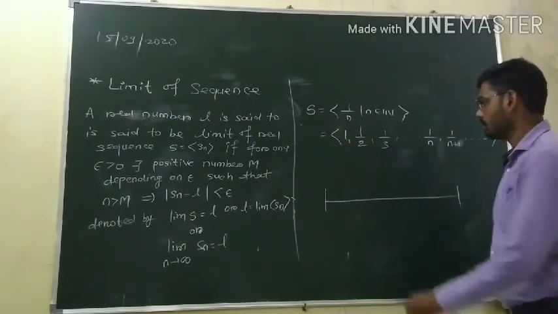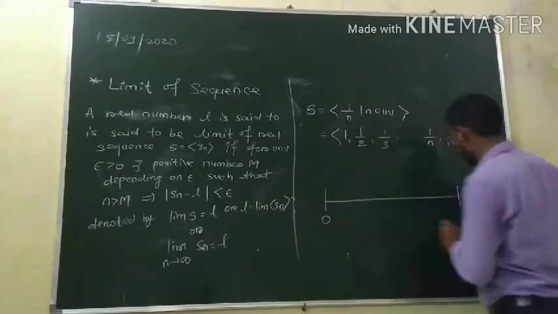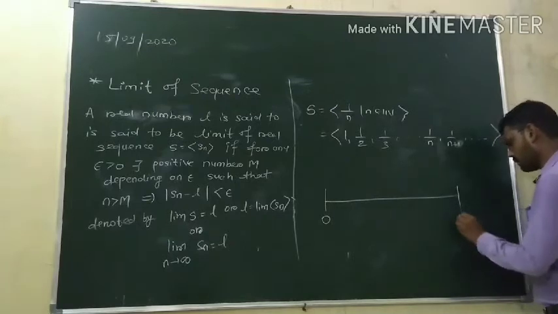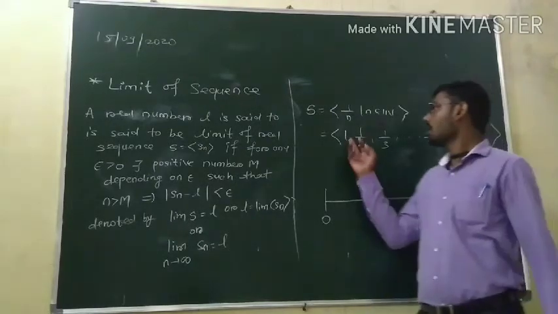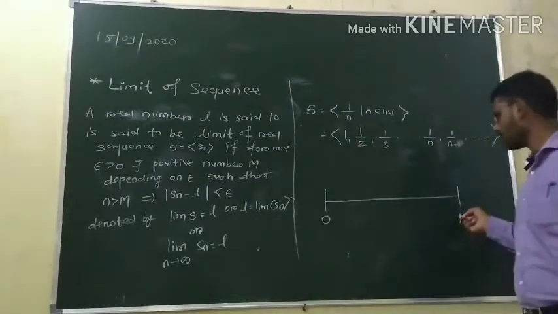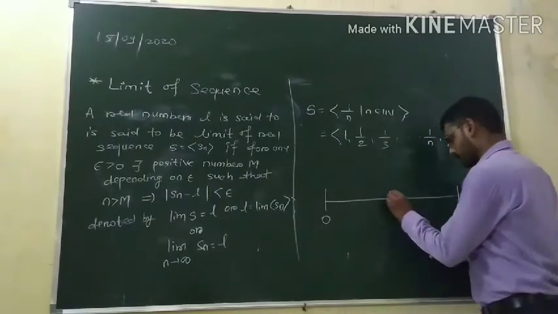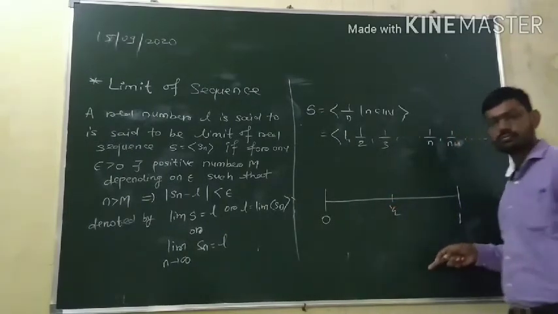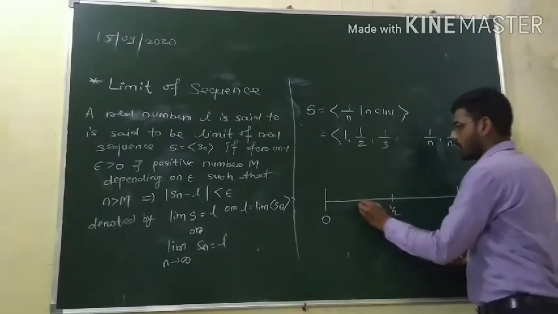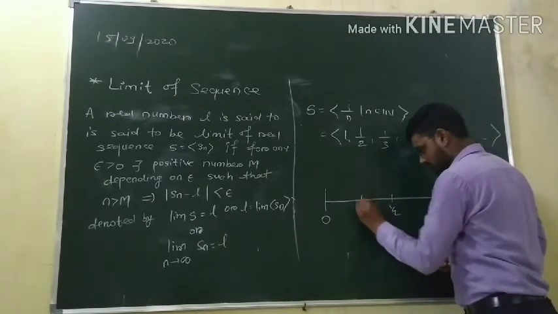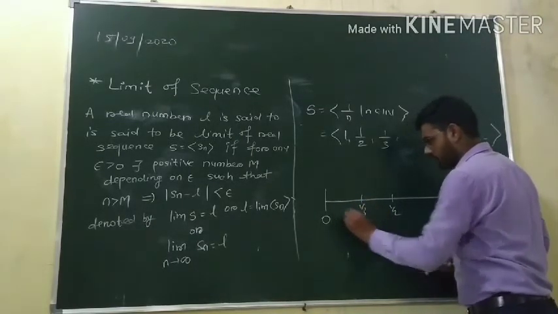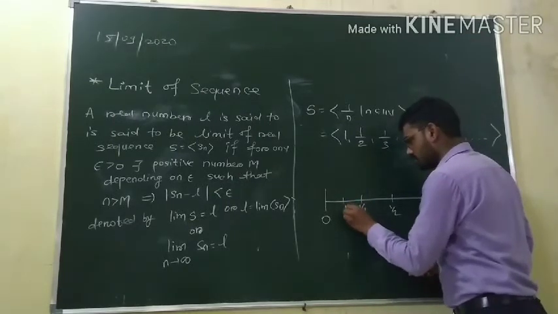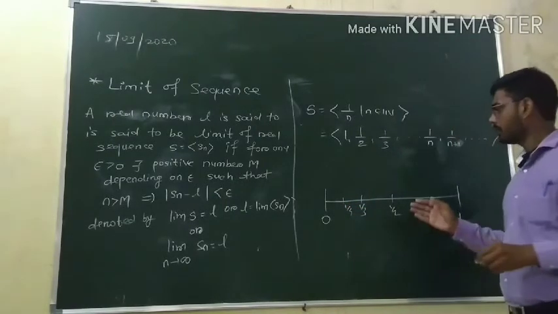Suppose this is 0, this is 1. The first element of this sequence is 1, the second is half, then 1 by 3, then 1 by 4.